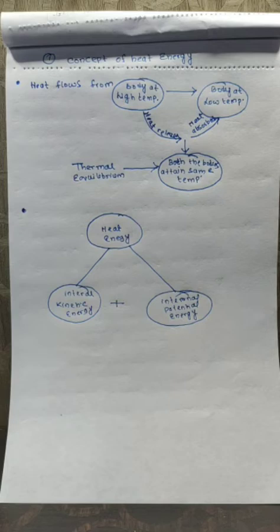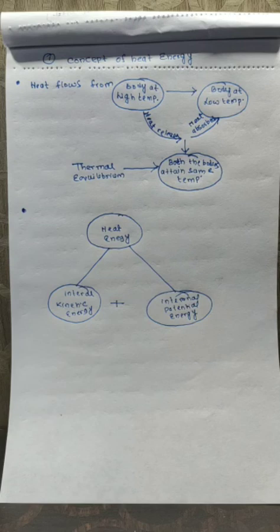So we conclude that heat energy is actually an internal property of the substance. By this we mean that heat energy is nothing but the sum of the internal kinetic energy, which is possessed by the molecules of the substance due to their motion, and the internal potential energy, which is due to the position of the molecules inside the body.